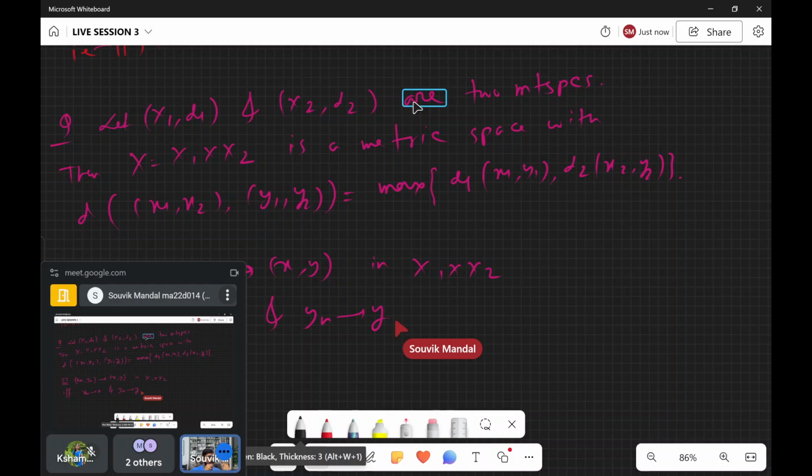Let me give the hint. In order to prove this, you only need the definition of convergence, nothing extra. If you just write down line by line, you can do it. I want you to do it by yourself. Please try to solve this question right now. Let me know, are you able to solve it?